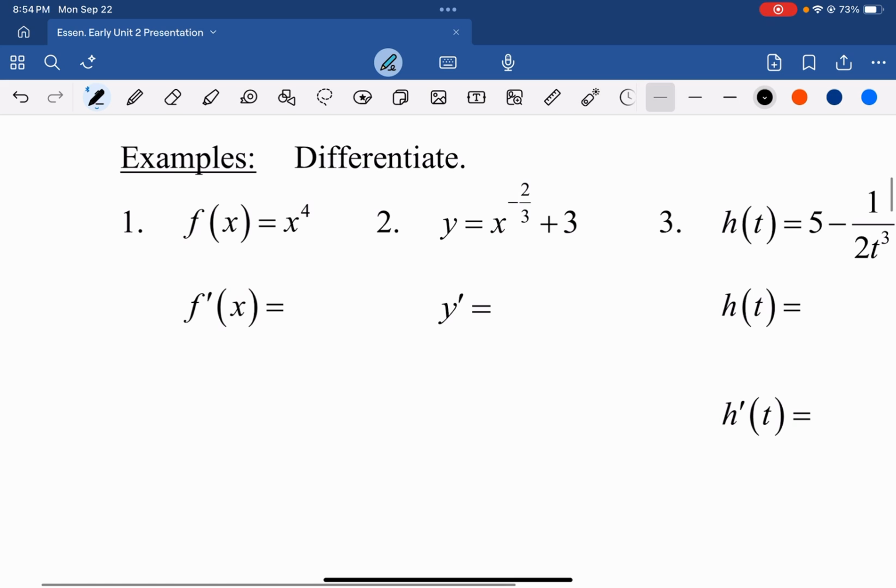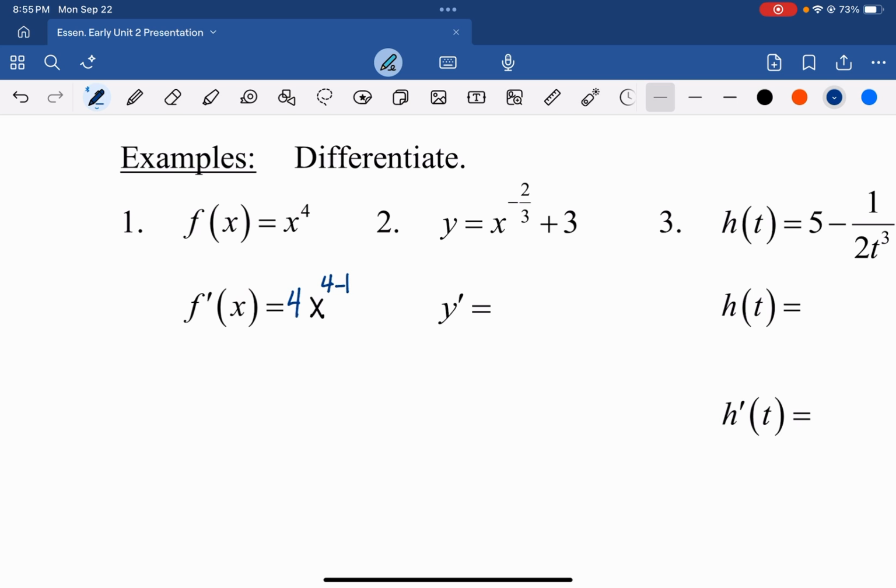Example 1, I have f of x equals x to the 4th. So I've got my variable to a power. So using that power rule, it says that my derivative is going to be equal to 4 times x to the 4 minus 1 power.